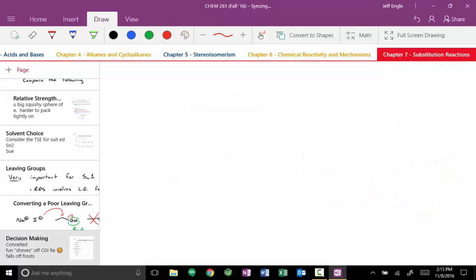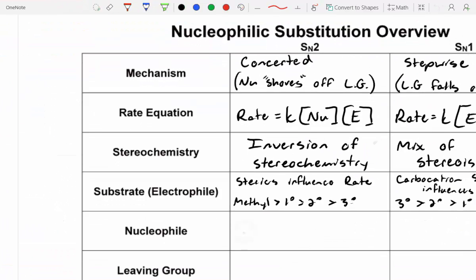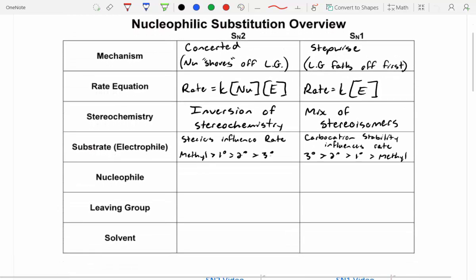All right, before we leave, let's fill out the rest of our decision-making chart. So we've already done the mechanism, the rate equation, the stereochemistry, the electrophile, but now we've got to fill in nucleophile, leaving group, and solvent. All right, so for SN2, do we want a stable nucleophile or an unstable nucleophile?